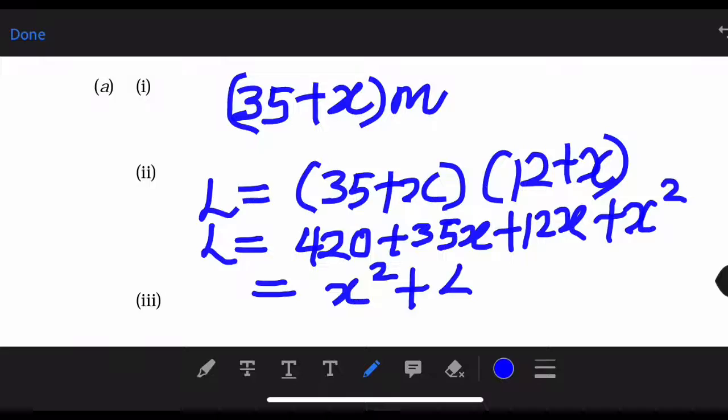Okay, so it's sufficient, right? So you need to justify your answer by answering the question using a complete sentence.